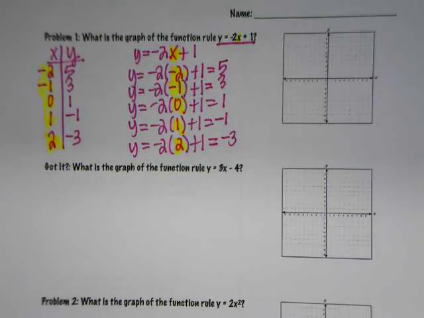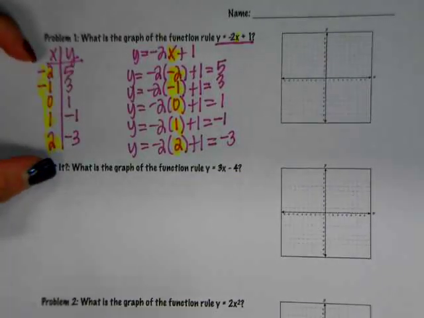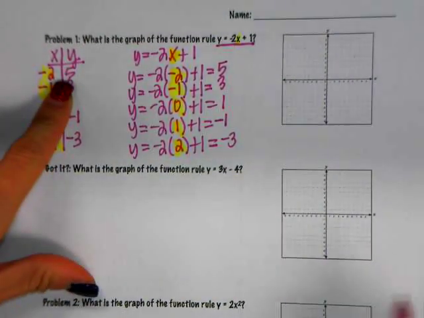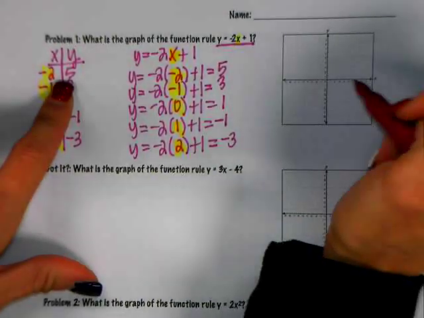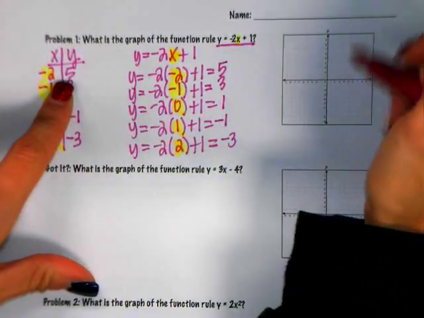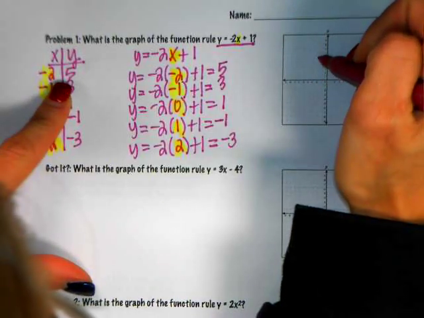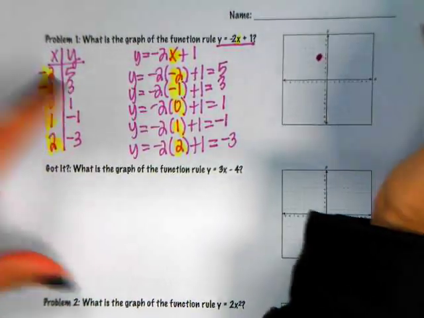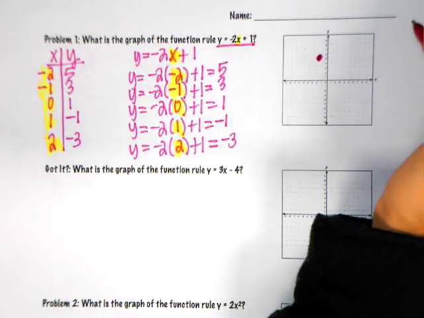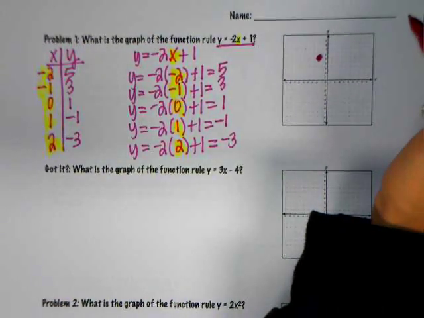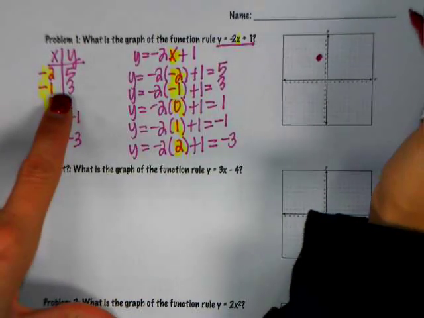Okay, so now once you have all that, these are the points that you're going to plot, your x comma y, okay? So -2, 5, that means on the horizontal it's going to be at -2, on the vertical it's going to be at +5. So you're going to go left to the -2, and then up to the +5. I know it's hard to see, just do your best. And then next one, negative 1, 3.